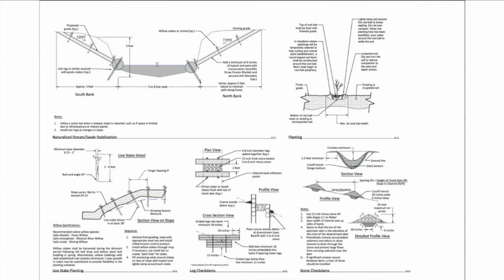And different practices that we often spec in these designs, you see these circles down at the toe of the slope. This is one option we could use. It's a coconut fiber roll. It's really densely wound coconut fiber from coconut husk.